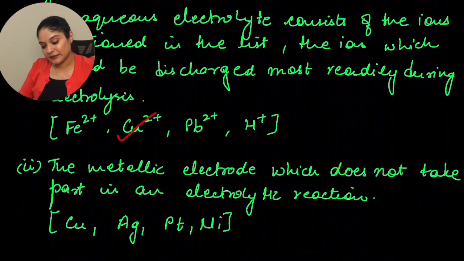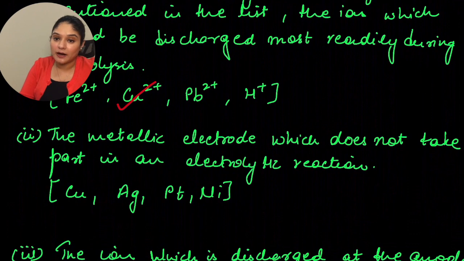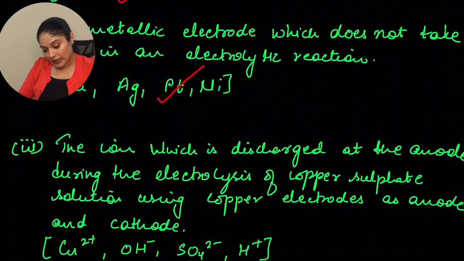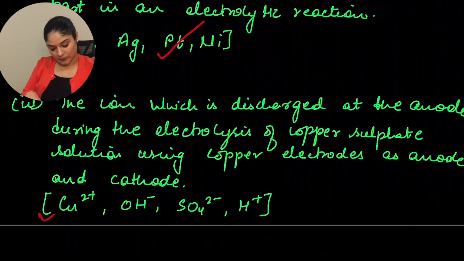The next is the metallic electrode which does not take part in an electrolytic reaction. The electrode that does not take part in a reaction is platinum. The next is the ion which is discharged at the anode during electrolysis of copper sulfate solution. We just did that, the one discharged at the anode is copper, so that will be Cu 2+.